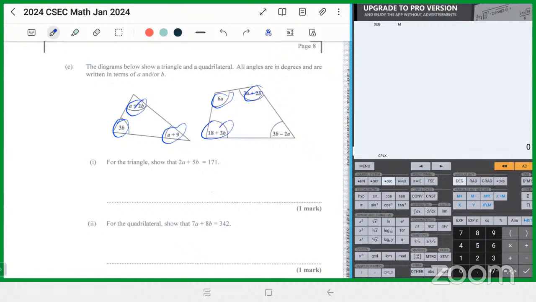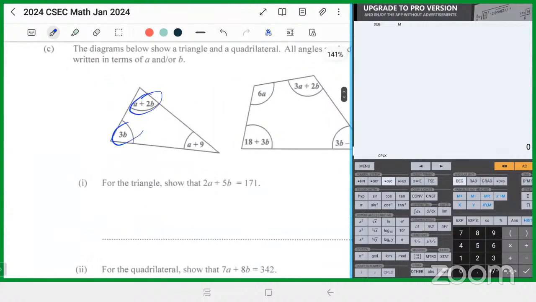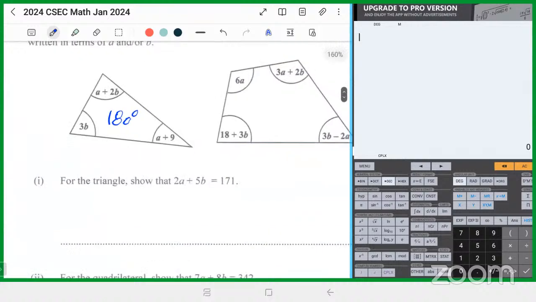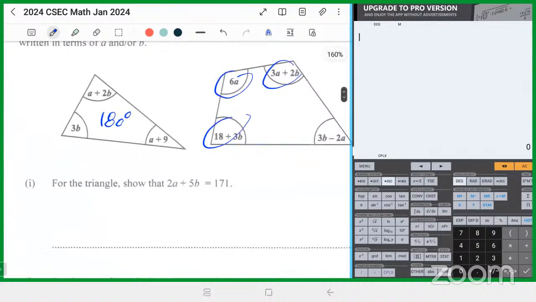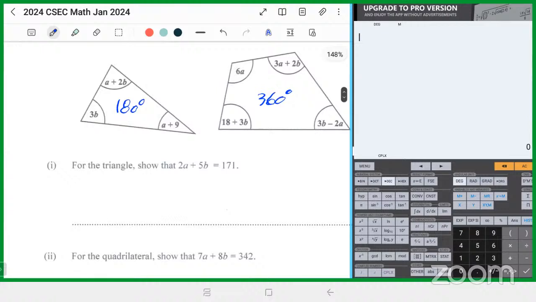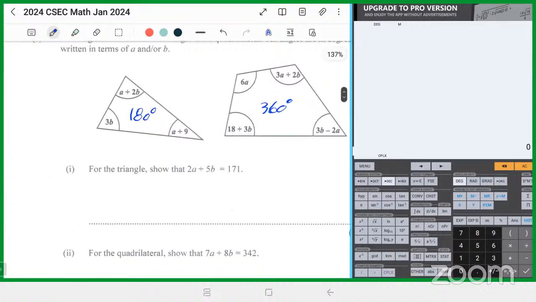What you must be mindful of is that the total angle in a triangle is 180 degrees. So these 3 angles add up to 180 degrees in the triangle. And in the quadrilateral, the 4 angles add up to 360 degrees.